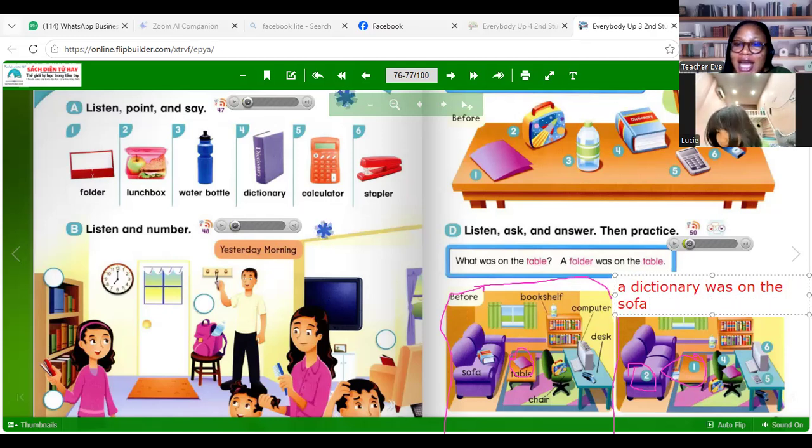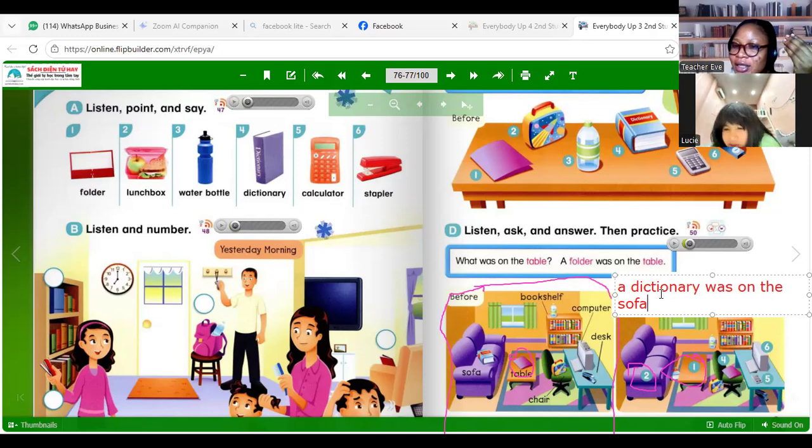Okay, can you say that? A dictionary was on the sofa. Yeah. A dictionary was on the sofa. Good. A dictionary was on the sofa, not the dictionary. A dictionary was on the sofa.